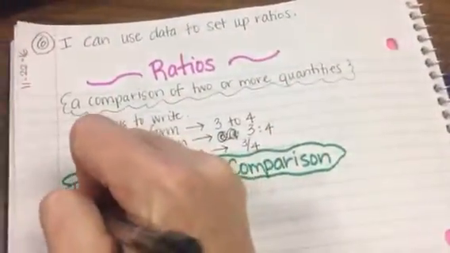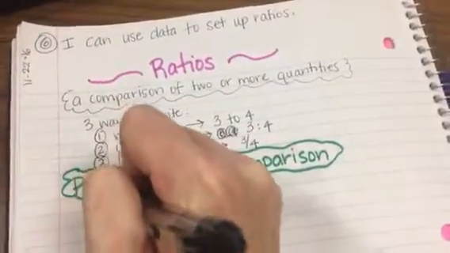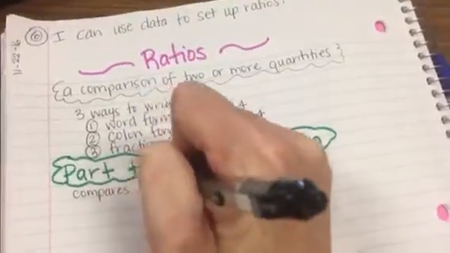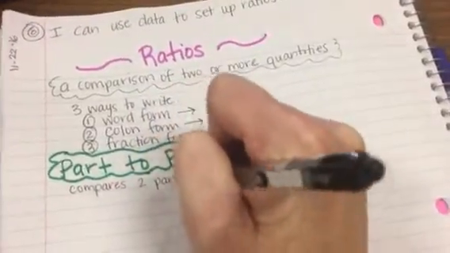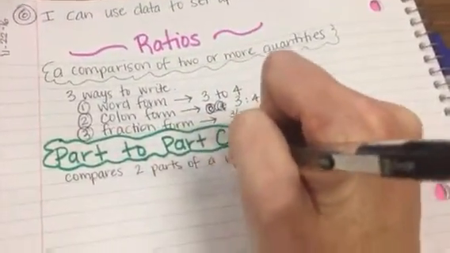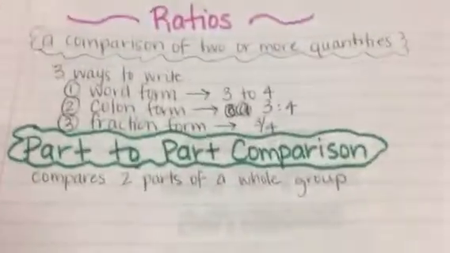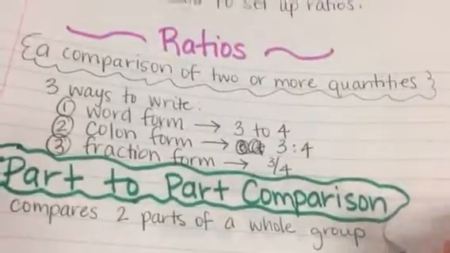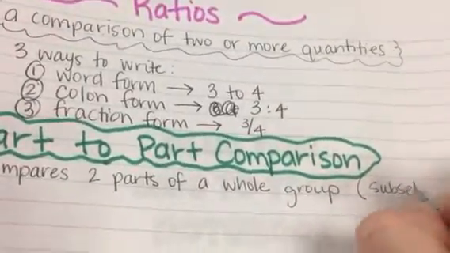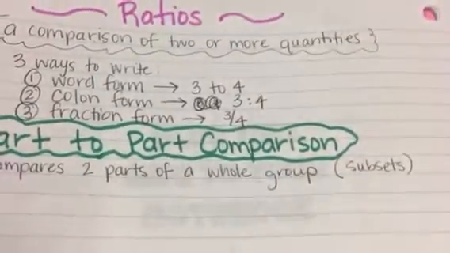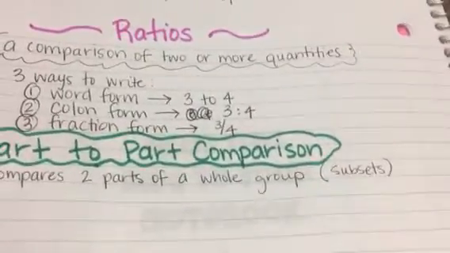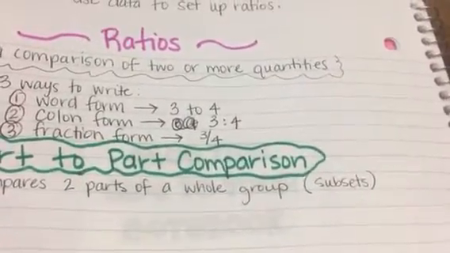We are comparing two parts of the group. So there's your definition. You might hear it called subsets. You're going to do an activity with BuzzMath later, and you're going to see them referred to as subsets.